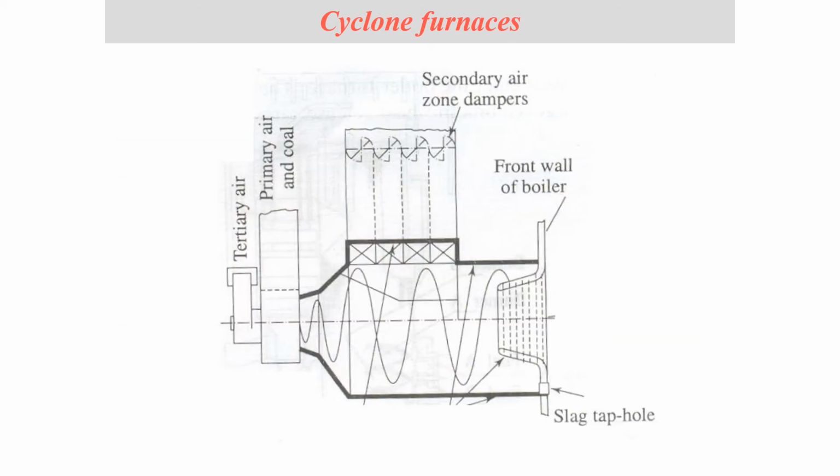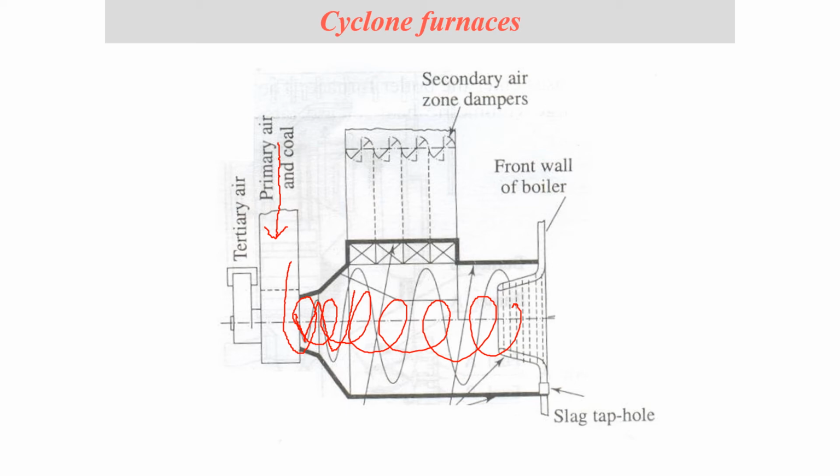As you can see here, the cyclone furnace involves coal being pushed with primary air into a sort of cyclone. So when this coal is moved in, it will start rotating like this.